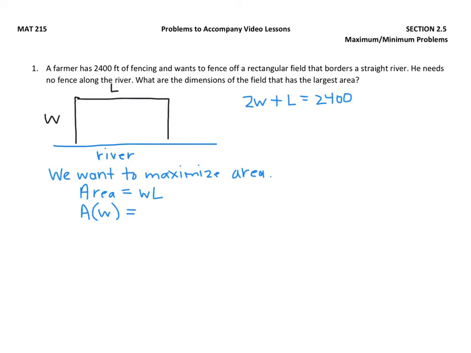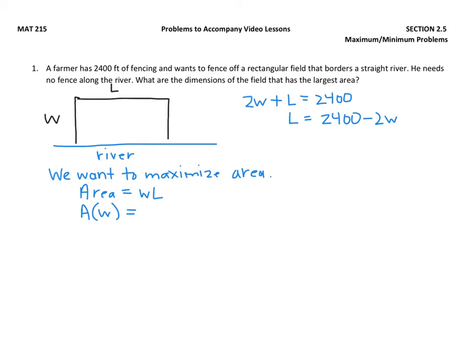So here we have width times length. We need to get rid of length and write it in terms of W. Going back to what we know, 2W plus L gives us 2,400, so let's solve this for L. In doing that, we get L equals 2,400 minus 2W.